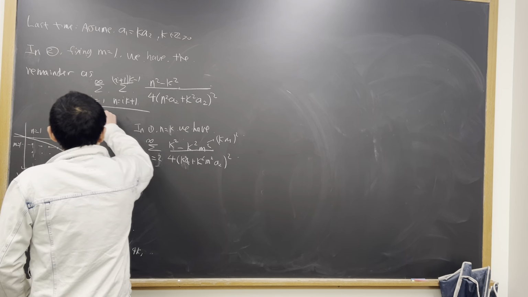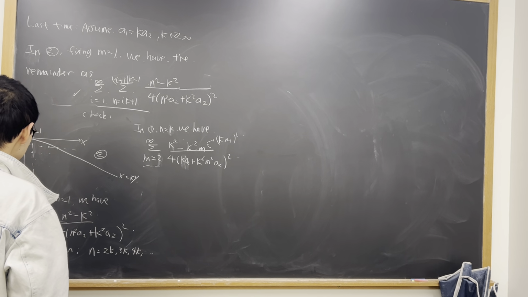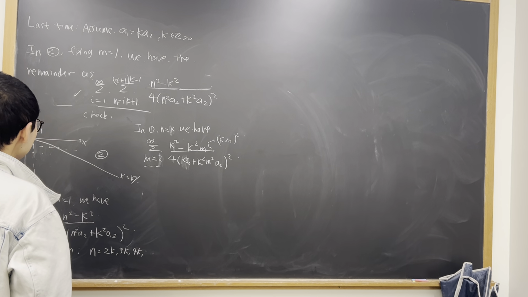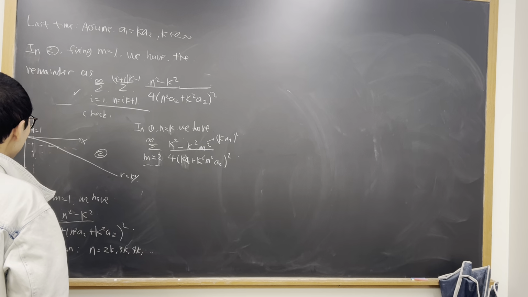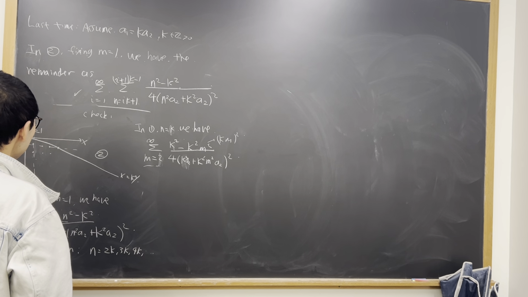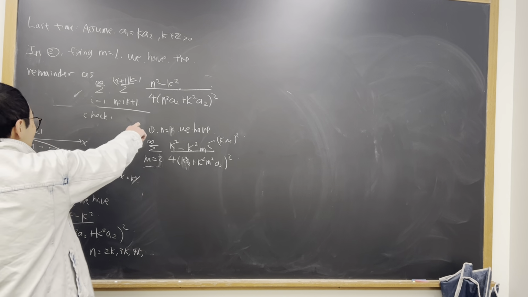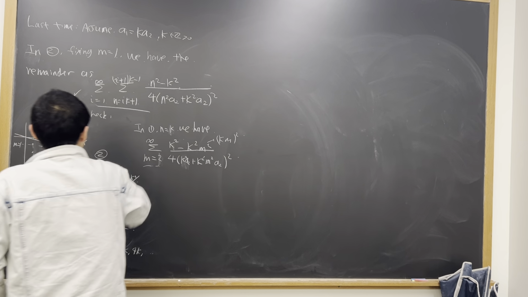So I think it must be this one. So when i from 1, n starts at k plus 1, and when i equal to 1, it ends at 2k minus 1, missing 2k, and then i equal to 2 is at 2k plus 1. So I think there should be no problem for this one.